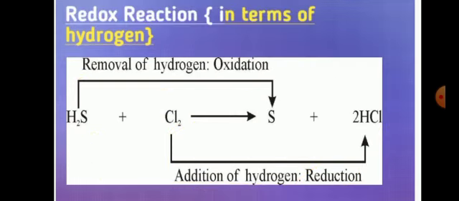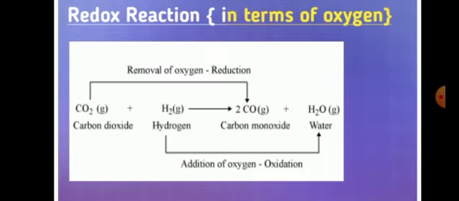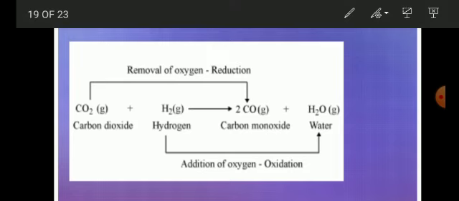So let me move on with the next topic, that is in terms of oxygen. How can we explain redox reaction in terms of oxygen? As I said, addition or gain of oxygen is your oxidation and removal or loss of oxygen is your reduction. So it is just vice versa, or opposite. Fine. So you can see here very well.